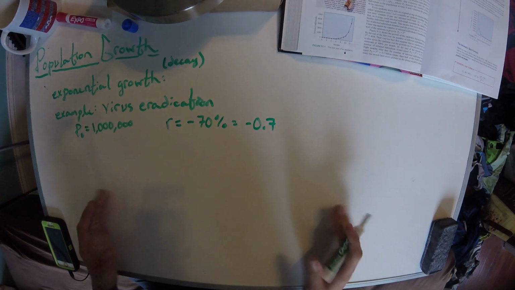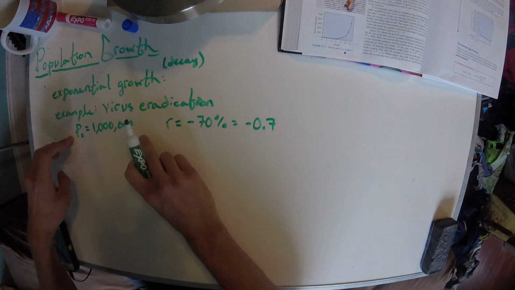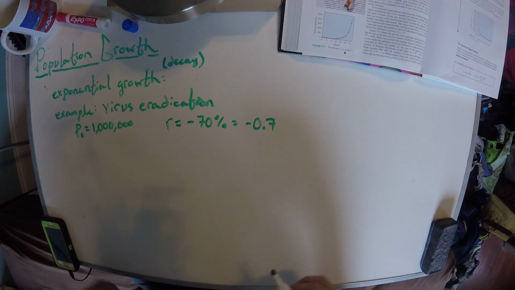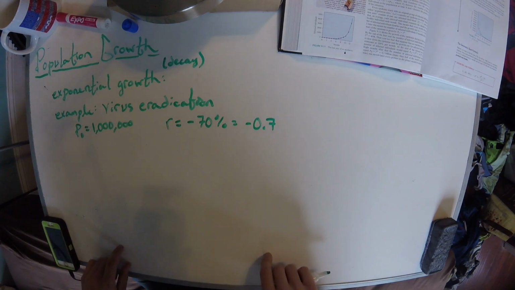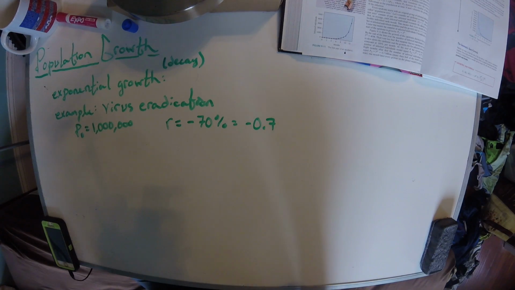You can also think of this as the population at any time after any year being down to 30% of what it was the previous year. So 70% of it gets subtracted off.